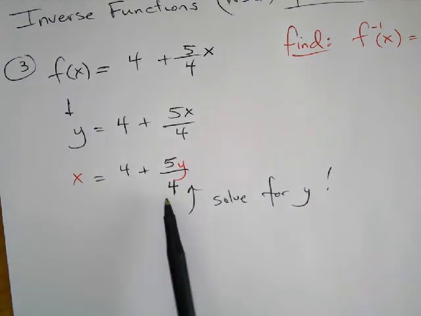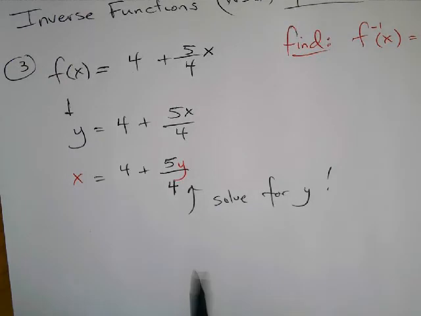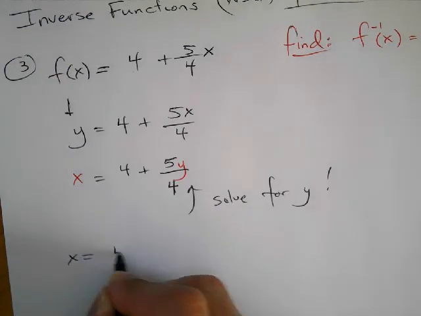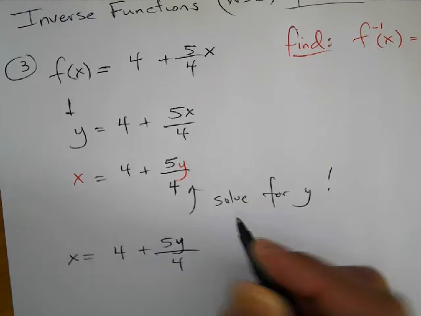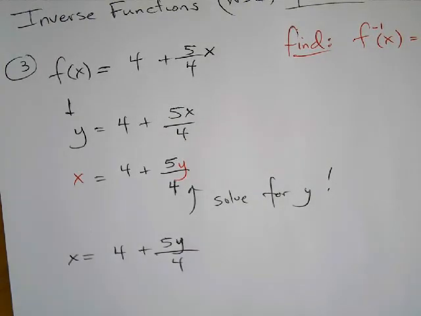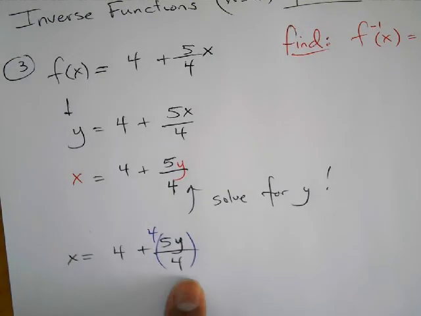And remember, once you see anything that has a fraction or a denominator like this, we have to take care of that first. What do I do to not have any denominators? I multiply by that same number.